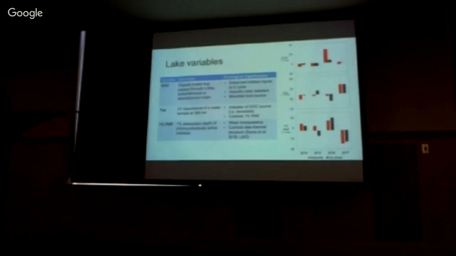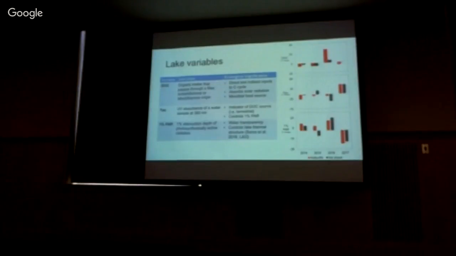And then we have A380, which is an indicator of the type of DOC in the lake. So think terrestrial DOC. This is the UV absorbance of water at the wavelength 380 nanometers. It also plays an important part in controlling the depth of 1% PAR in this suite of lakes. So that brings us to 1% PAR.